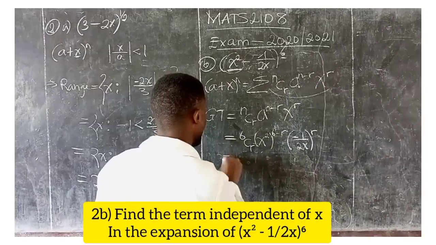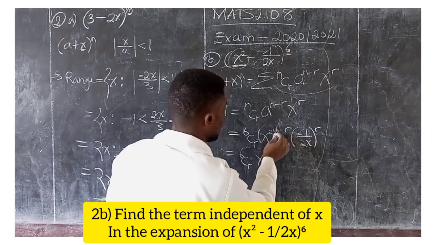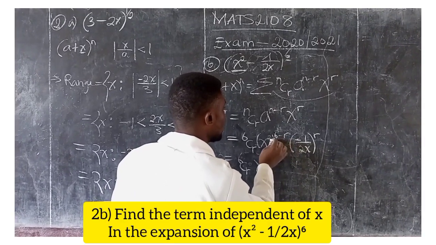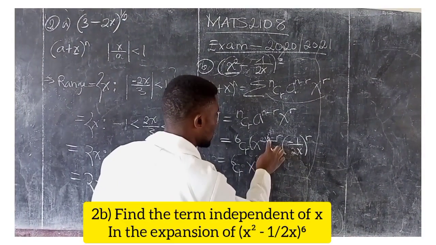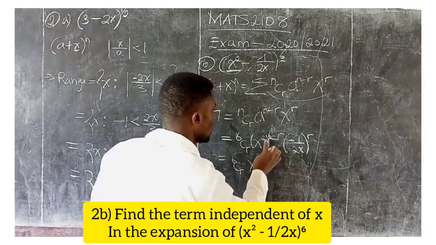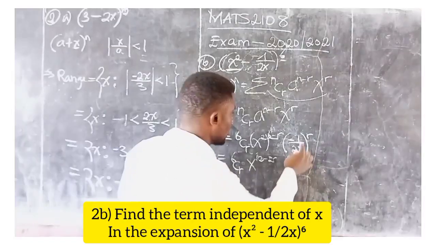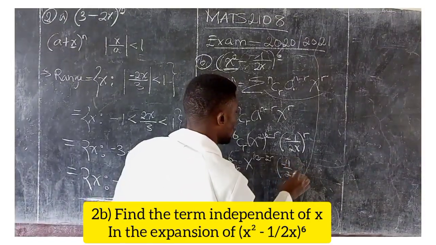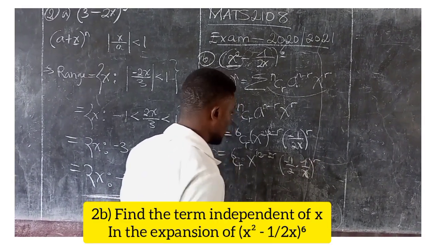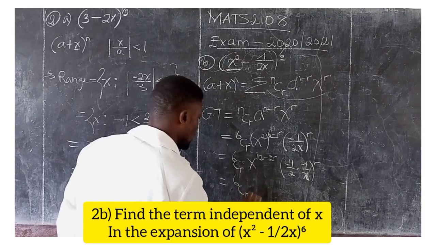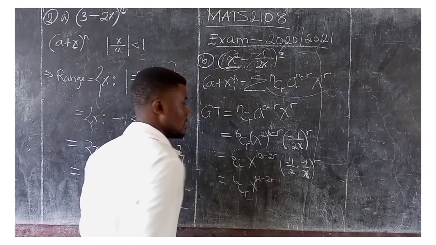We now simplify this. From indices, we multiply these two powers, so that we have 2 times 6, which gives us 12, and 2 times r gives us minus 2r. And then still from indices, we can write this as negative 1 on 2 times 1 on x to the power r. This gives us 6 combination r, x to the power 12 minus 2r.